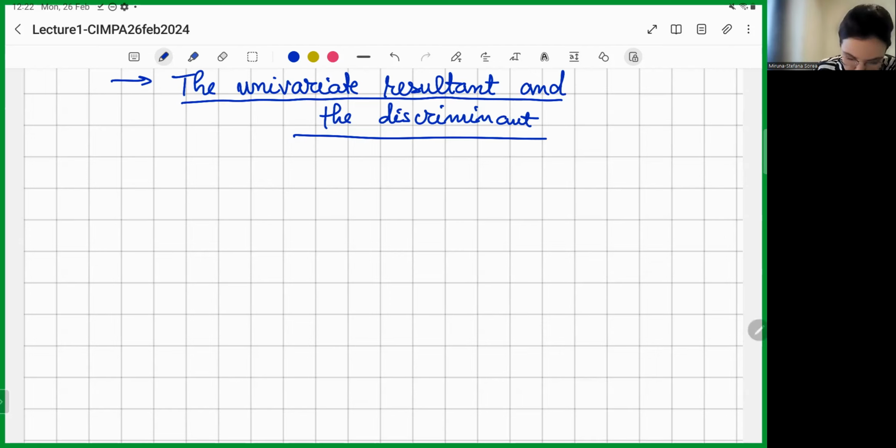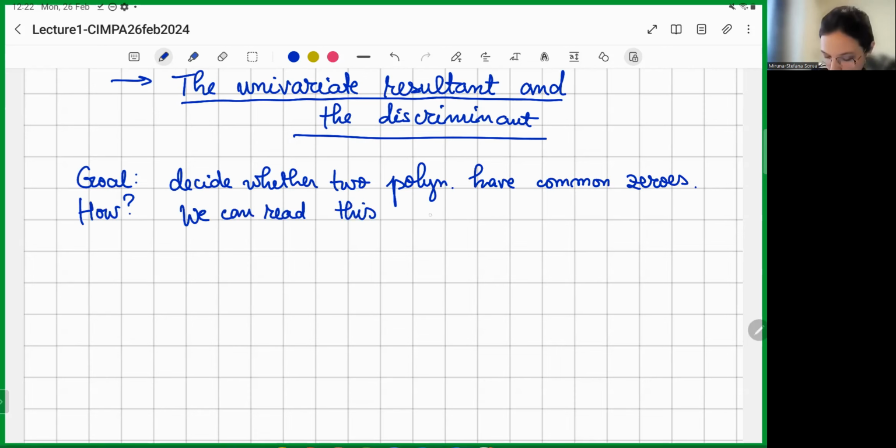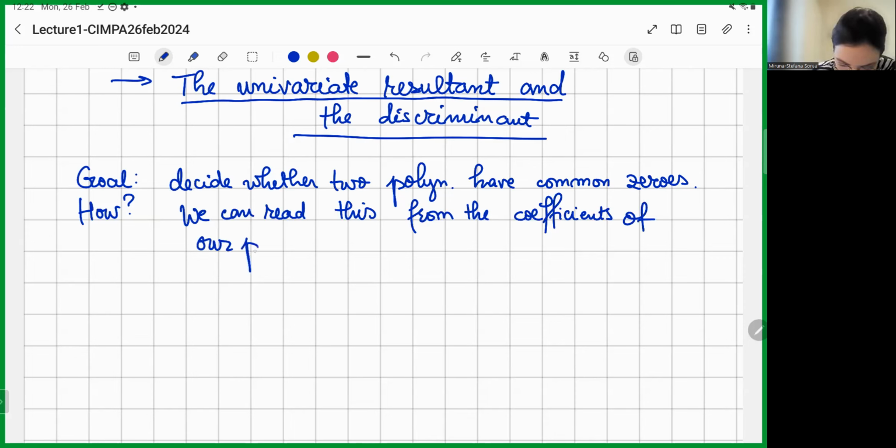So goal: decide whether two polynomials have common zeros, from the coefficients of our polynomials, without determining the zeros.